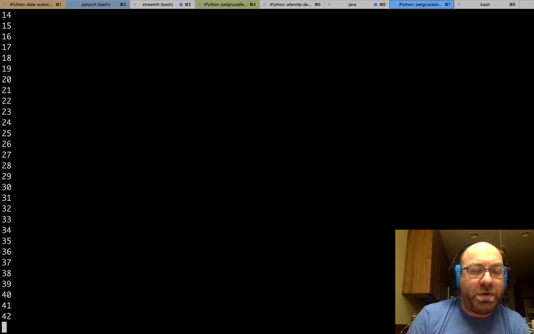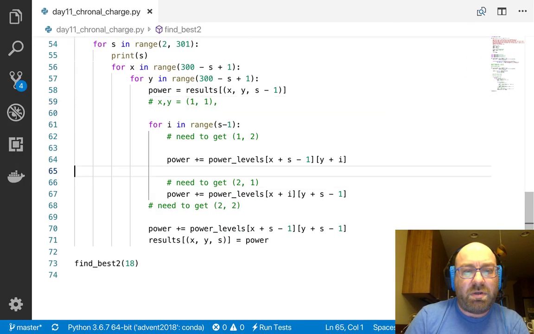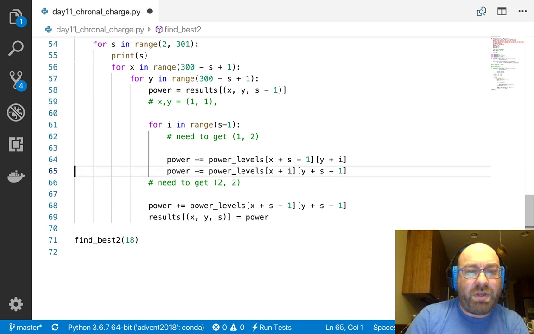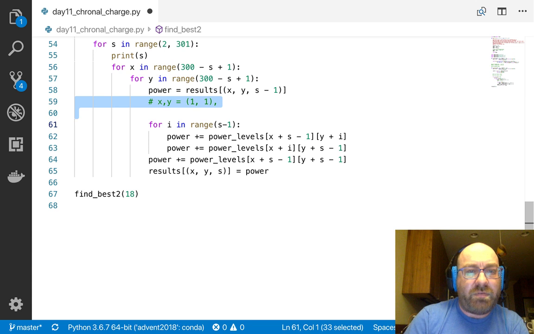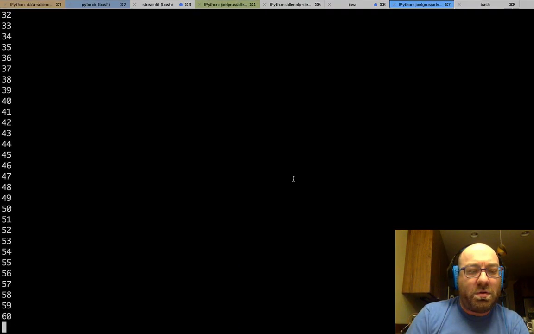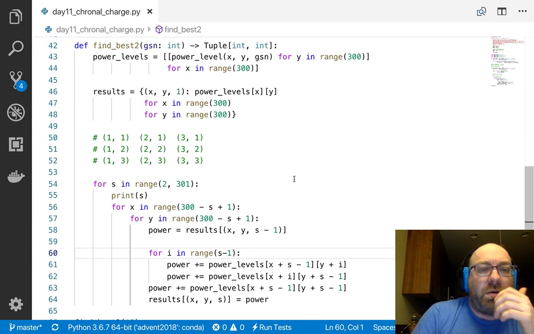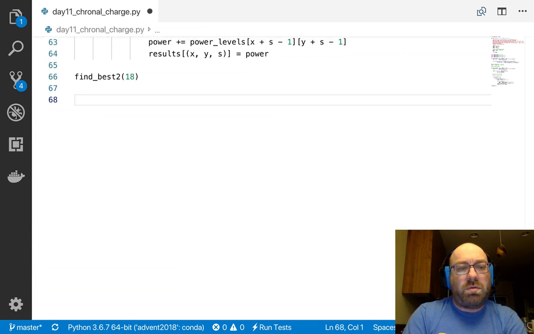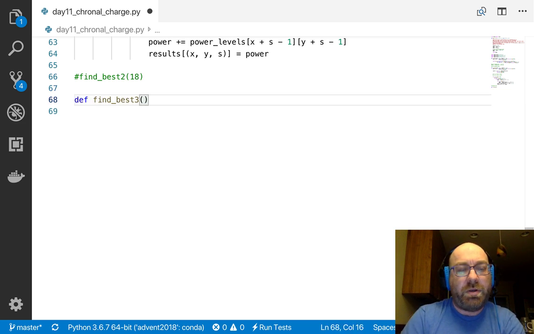So after wasting all that time, well, let's think about how we can do it even faster, because that's not fast enough. Yeah, that's crawling along. So find best 3.